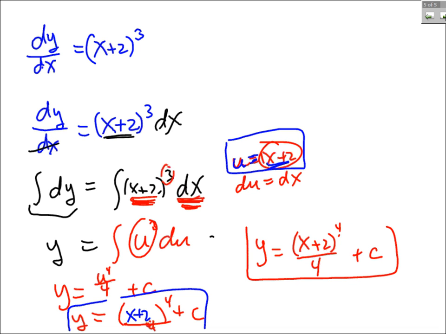And I caught that mistake because when I took the derivative, the 4 was staying. When I brought this 4 down, it stayed. So now that 4 here is going to kill off that 4 in the bottom. And the power 4 becomes 3. That is, I'll have x plus 2 cubed if I take the derivative of this.